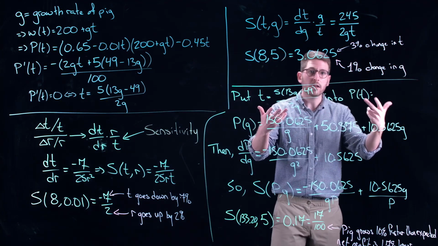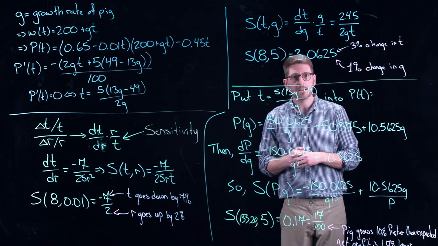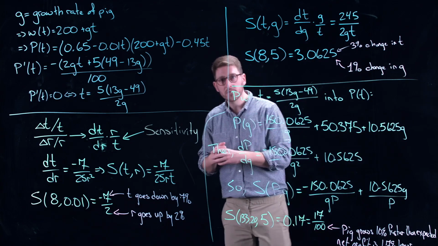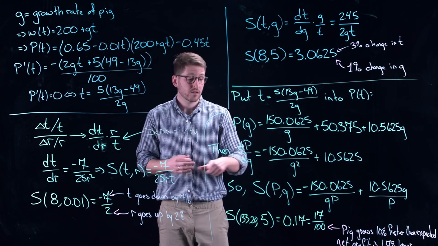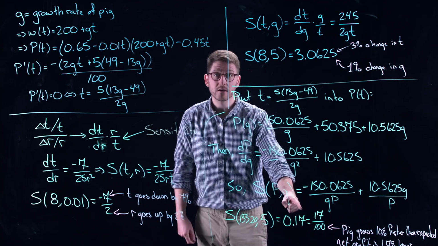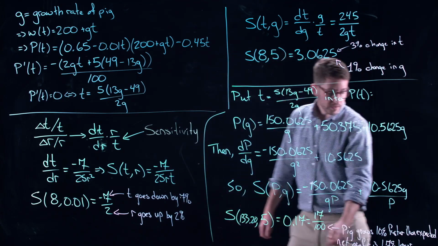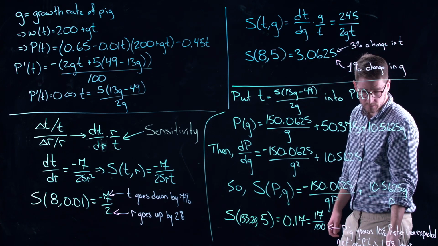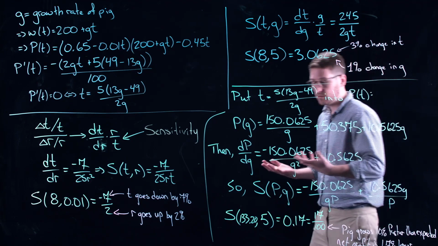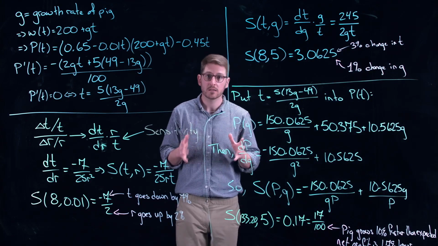So I go ahead and sell the pig on day 8. But what I realize is, shoot, the pig grew faster than I thought it would. So maybe I lost out on a little bit of profit. What this sensitivity is actually telling you is that you didn't lose out on much profit. It only would have been 1.7% larger. You missed out on maybe $2. That is robustness. That's what we're seeing in these models.